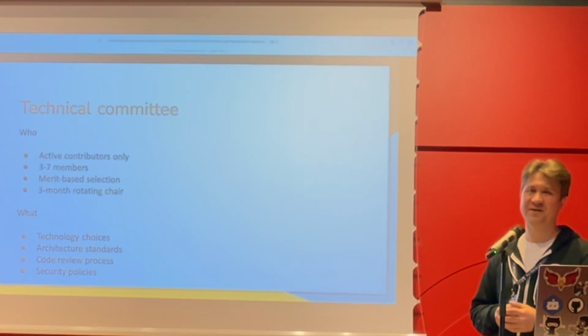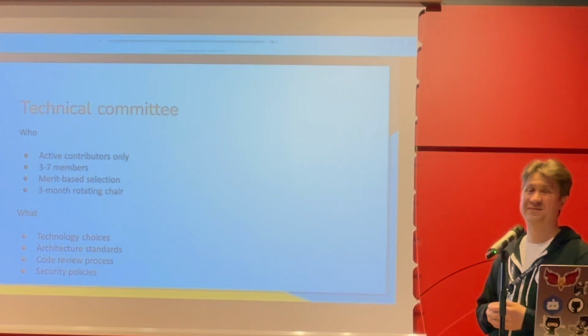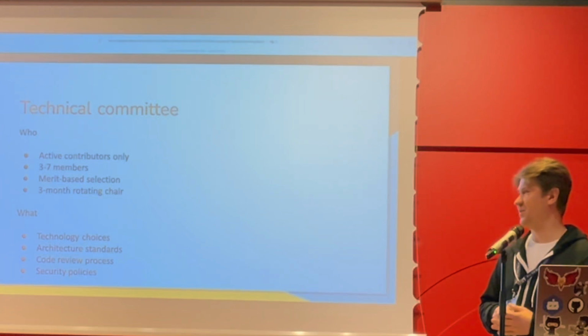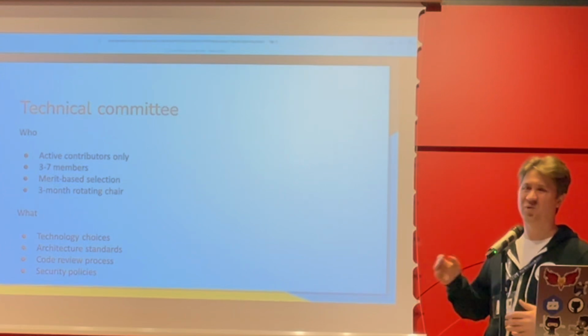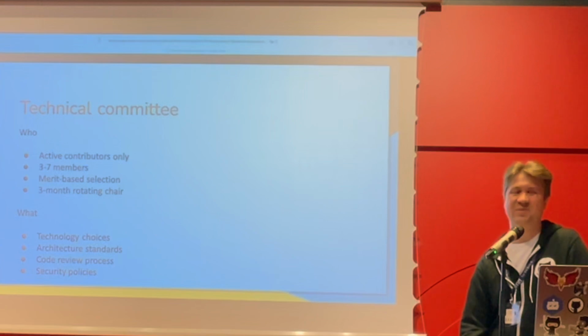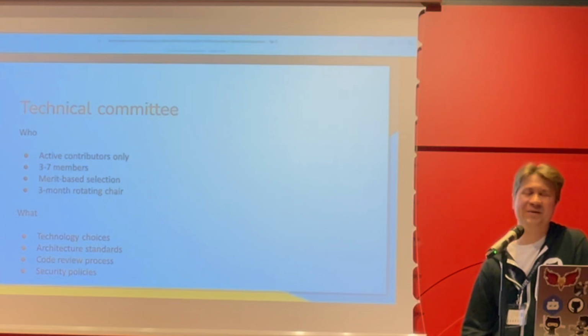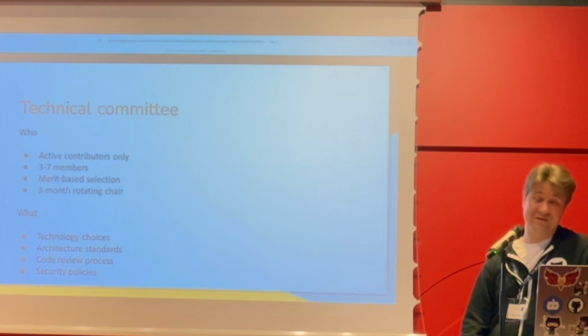And ideally, you should keep this contained in size, because 3 people is enough and 7 probably is the maximum, because with more than 7, decisions made by committee are famously bad, and also hard to achieve, so don't go there.